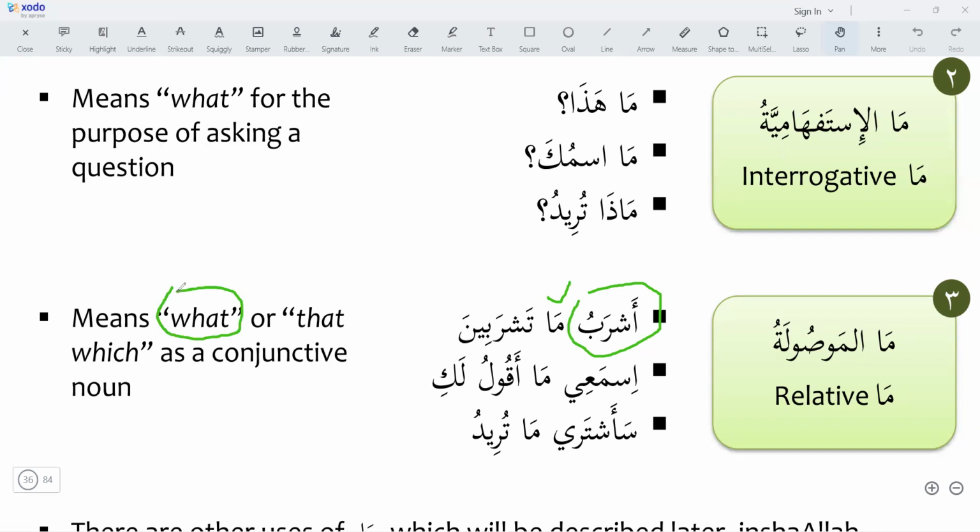Sir, sa ashtari, without using wa in between? Ashrabu wa ma tashrabina, no need to use wa in between. Okay. So it is a relative noun.